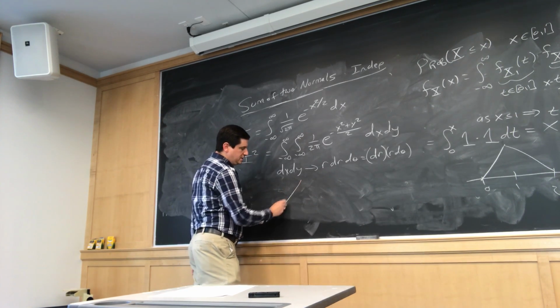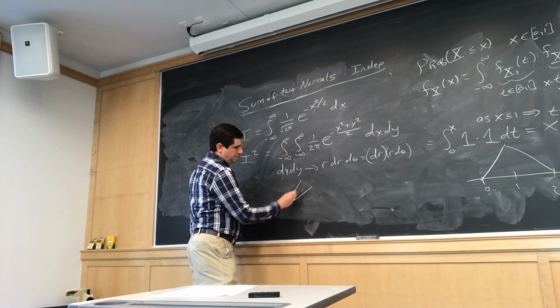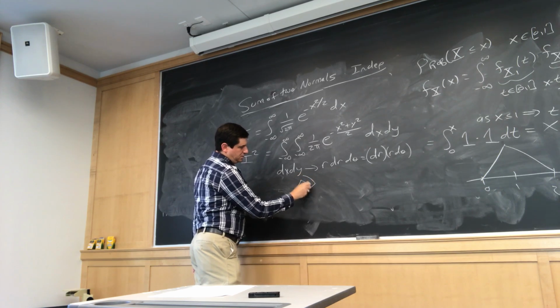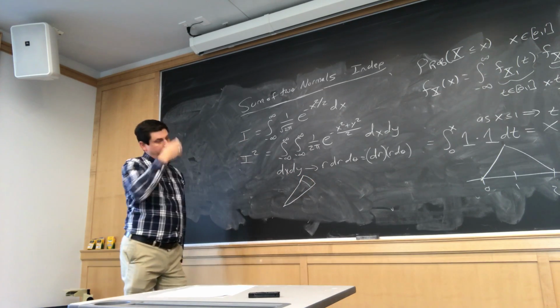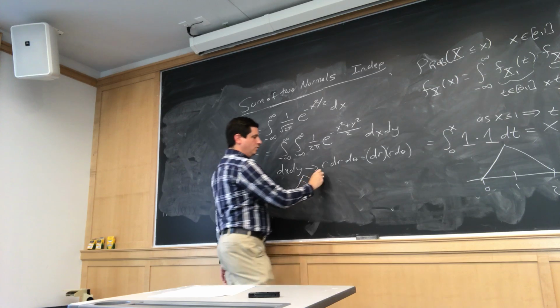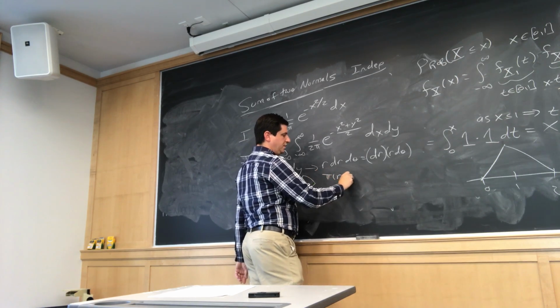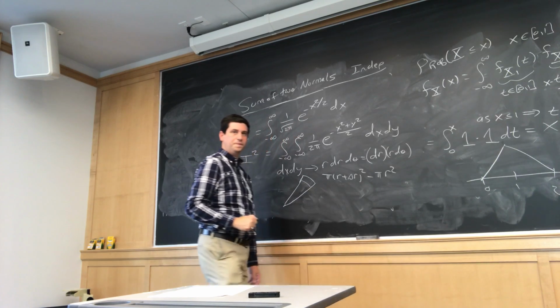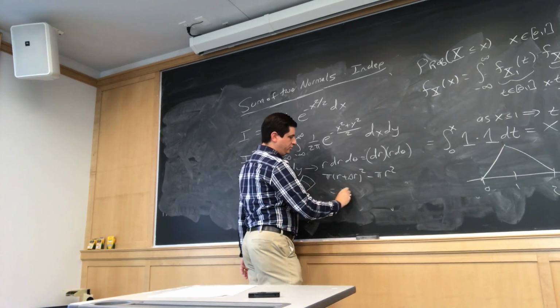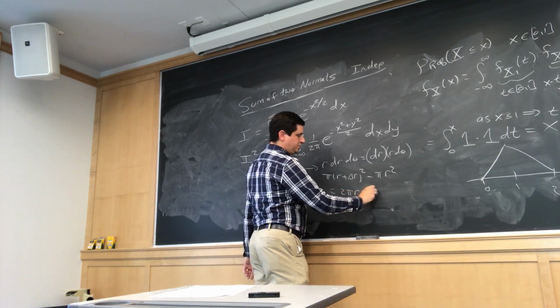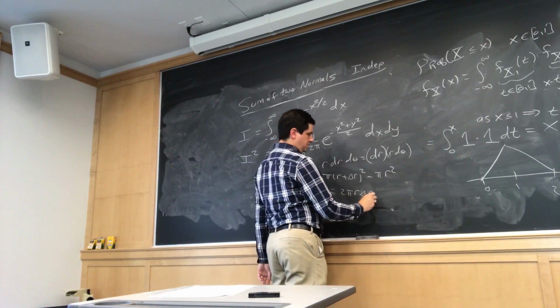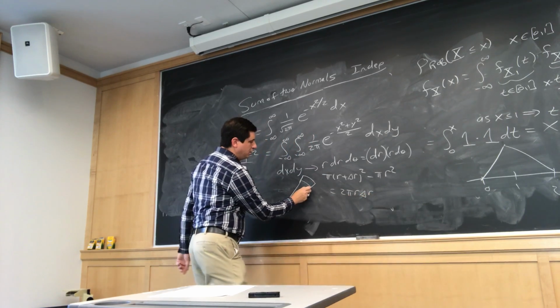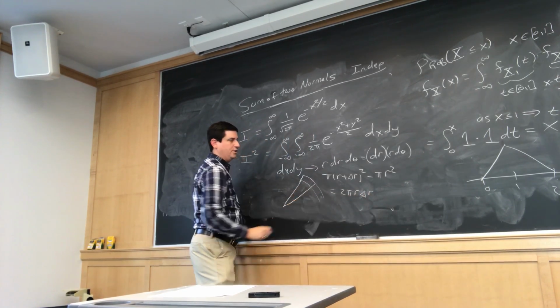One quick way to see this is if you look at a circle and you look at pi (r plus delta r) squared minus pi r squared, you will get 2 pi r delta r for the whole angular ring if I go all the way around.